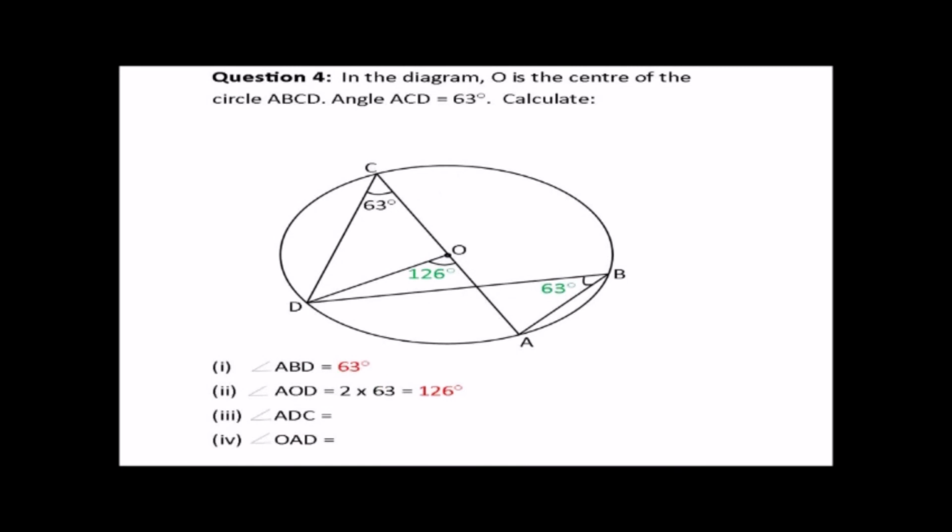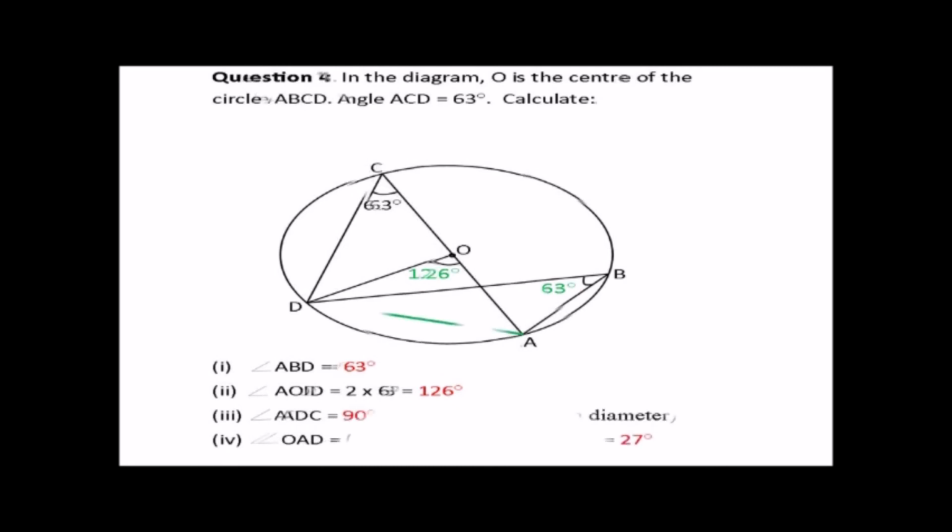Question 4. Angle ABD is 63 degrees. It's the angle subtended at the circumference, so it's half of 126. AOD is 126. And we would move on to another slide so you'd understand how you do question 3 and question 4, so as not to confuse you with the working from 1 and 2.